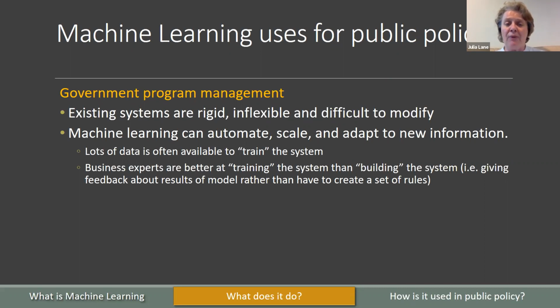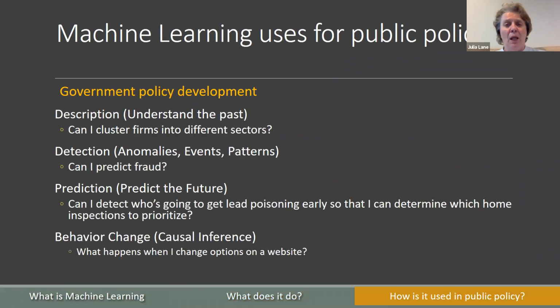So what they're better at doing is if you give them a set of options, they're better off saying right, wrong, yes, no, and then going back and having that fed into the machine so the machine learns. It's the same thing.